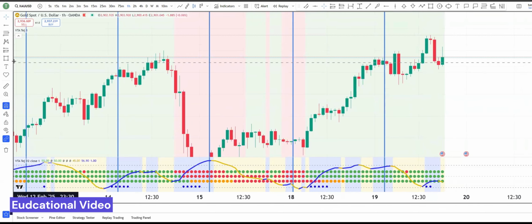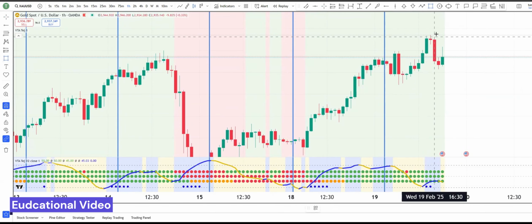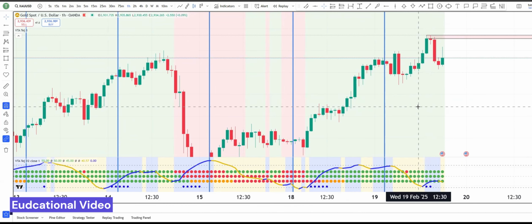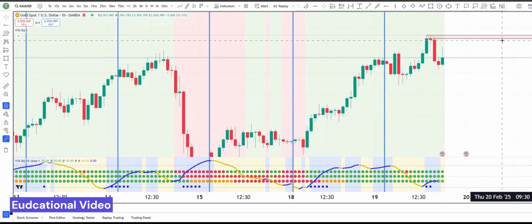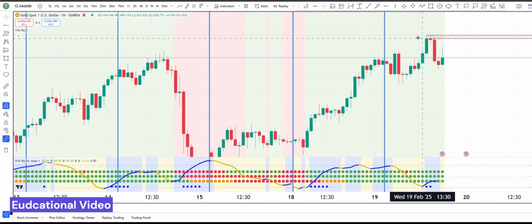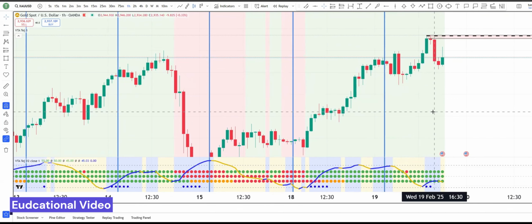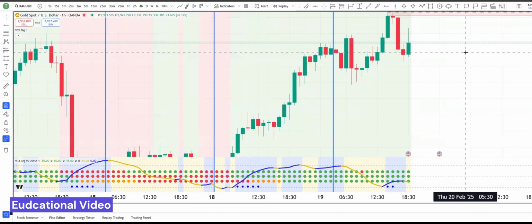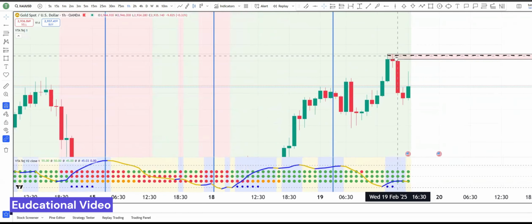Right now, the latest rejection point is here. This is the latest rejection point, the price rejection, which I think is at 29.47. Yeah, 29.46.7 is where the price rejection is at the moment.